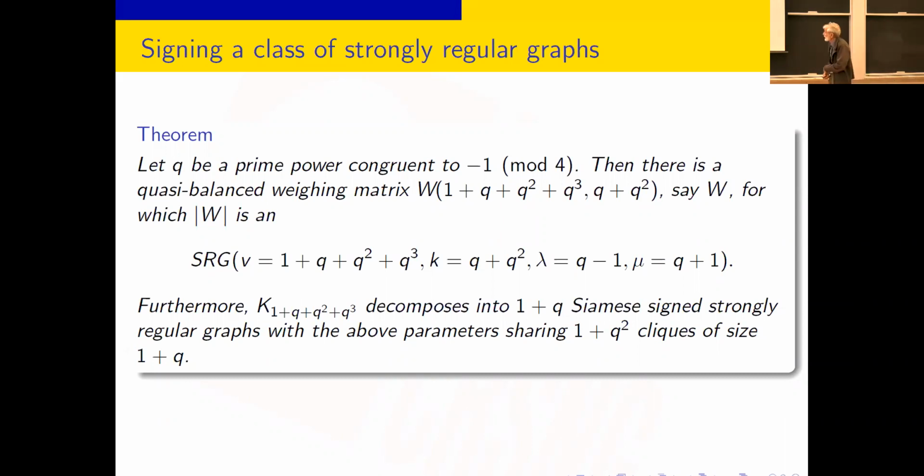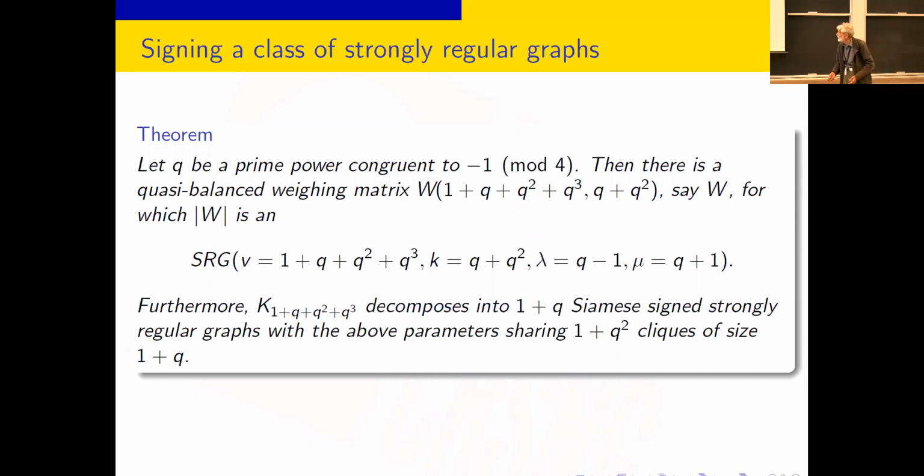Now, the other part is that you can decompose the complete graph on 1 plus q squared plus q cubed vertices into 1 plus q Siamese signed strongly regular graphs. I'm going to show you what I mean by Siamese strongly regular graph. With the above parameters, all of them share 1 plus q squared cliques of size 1 plus q.